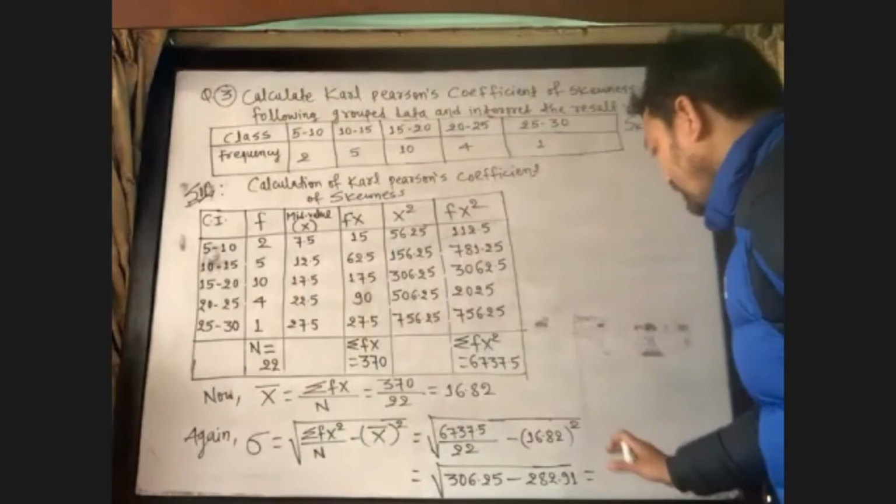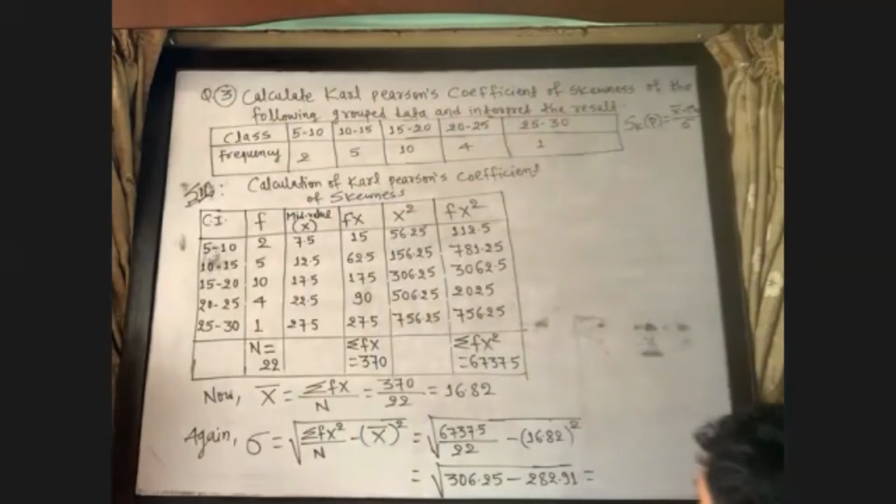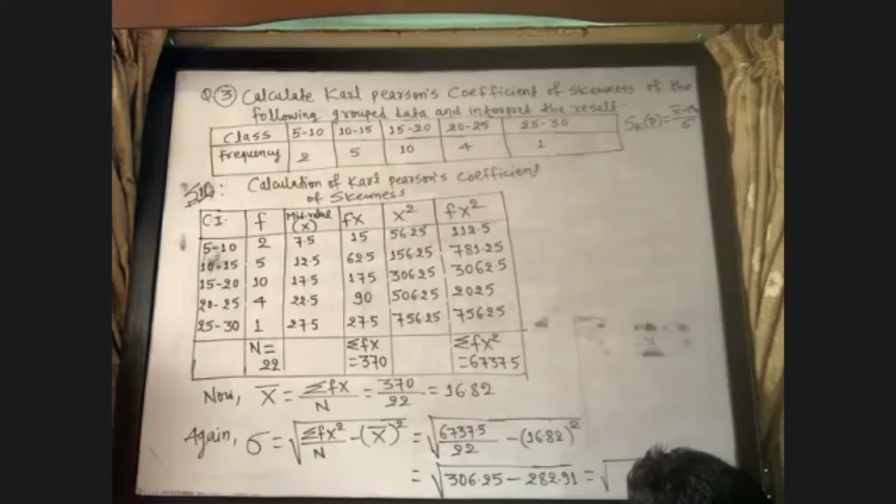Okay, up to now, we're going to find here standard deviation value. We'll get 306.25 minus 282.91. Okay, we'll get here 23.34.